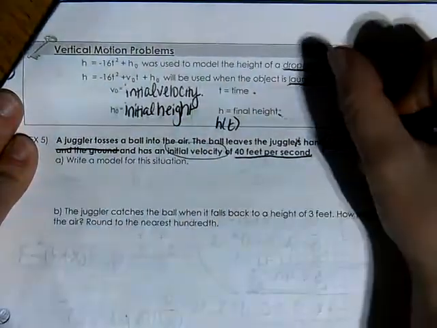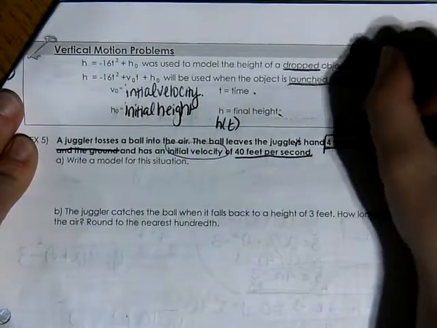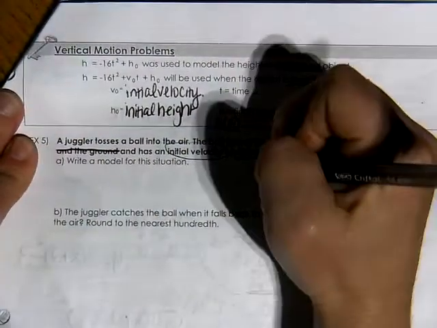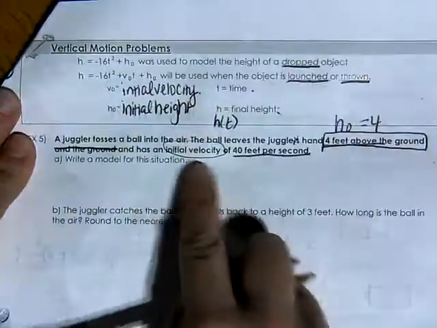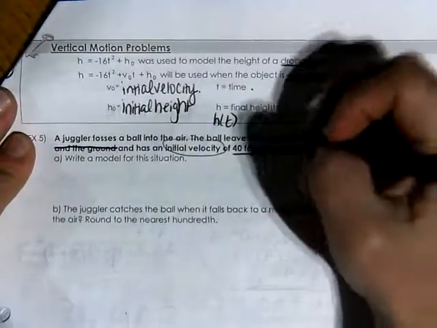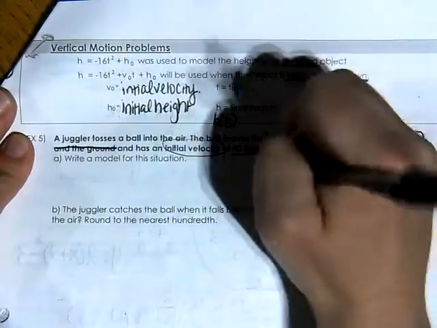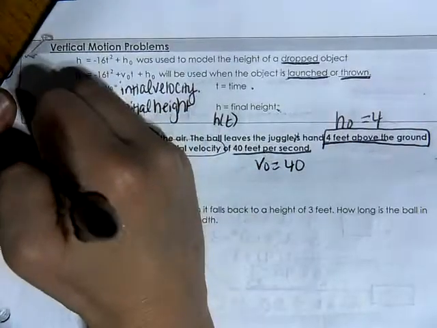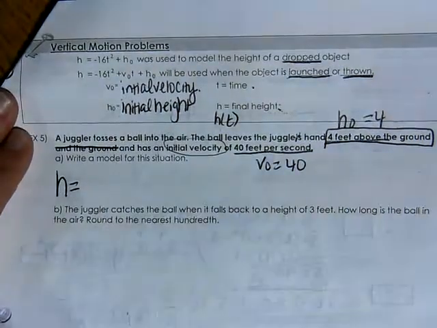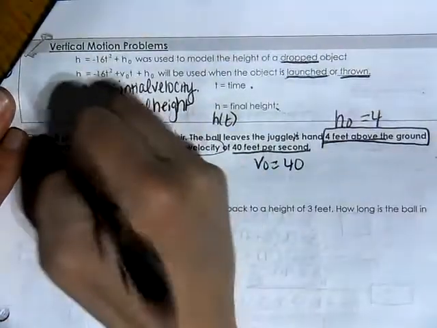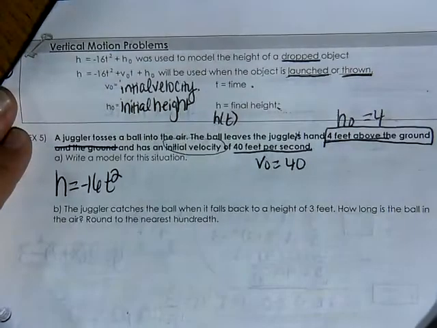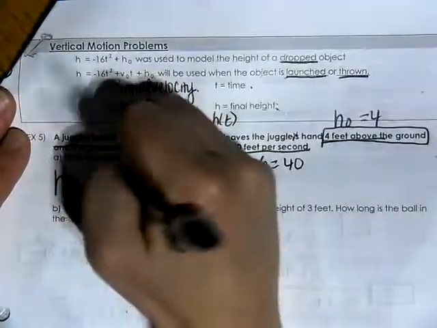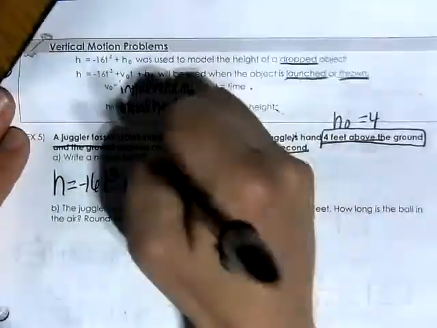So in this problem, h sub 0 is going to be equal to 4. And we are told very explicitly that our initial velocity of v sub 0 is going to be equal to 40. So therefore, I'm going to write my model as h equals negative 16t squared plus 40t plus 4.